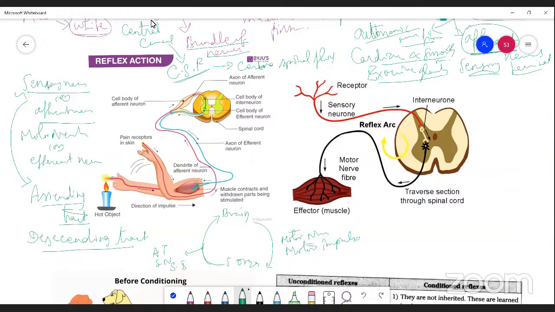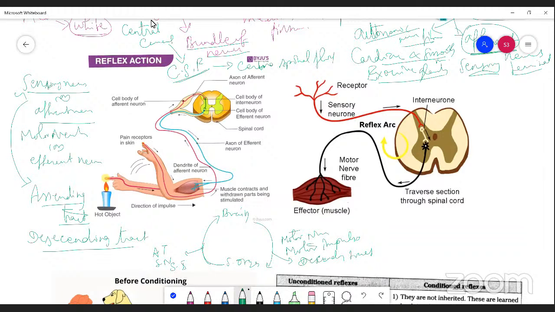The motor impulses carried from the brain to the spine through the motor neuron, that tract we say is the descending tract. That is coming from the brain to the sensor. That tract is known as the descending tract.